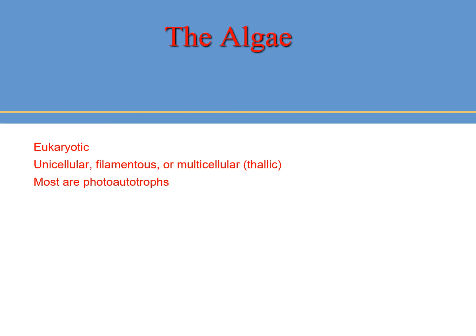Again, we're covering eukaryotic organisms, eukaryotes. Unicellular or filamentous or multicellular. They can be really huge even, or just single cells. Most are photoautotrophic. They're light fixing in terms of energy. They use light for their energy, and they use carbon dioxide mostly for carbon source to build up organic molecules.